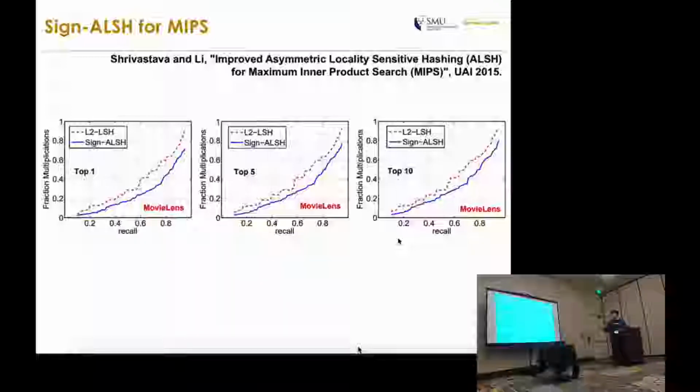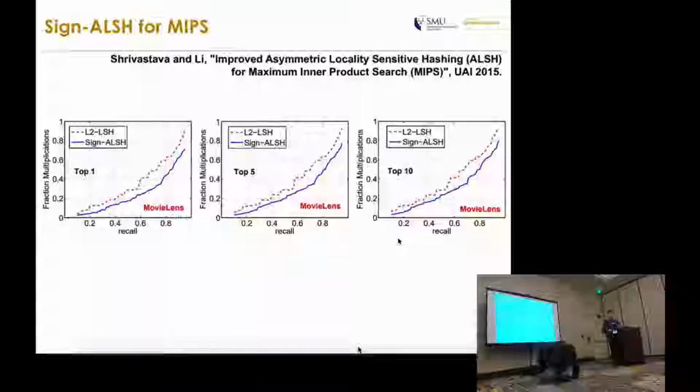This figure compares based on the recall and the fraction of multiplication. The fraction of multiplication is the number of inner product computations that you need to perform to determine the top K. So if you look at this diagram, at the same level of recall, the number of inner product computations that the asymmetric LSH scheme needs to perform is actually lower compared to L2 LSH.